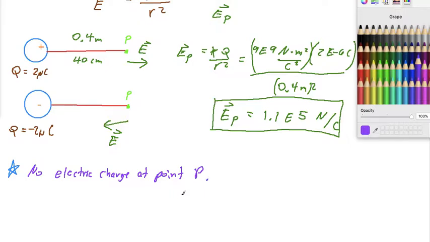Well, if you look at our previous video, in order for there to be an electric force, there has to be 2 charges or more, because it has to have 2 charges or more, right?